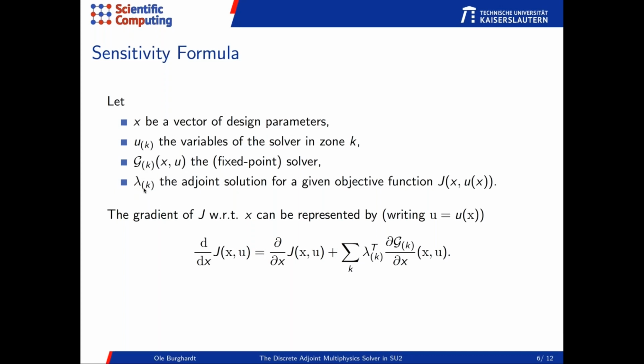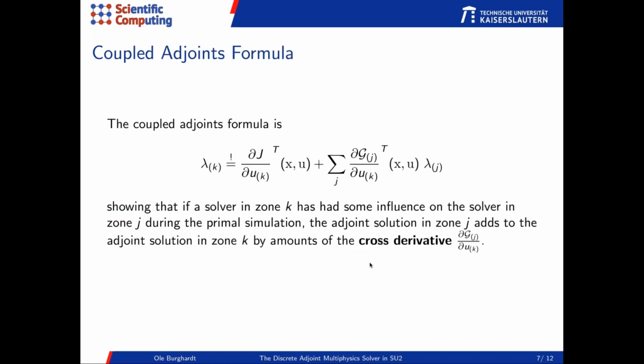Then the gradient of J with respect to x can be represented by this formula here. We see that using the adjoint, there are no terms d/dx of u, so no derivatives of the converged flow solution with respect to the design parameters, which would have been very costly and which one would have expected from naively applying the chain rule to J(x, u(x)). So that's a very handy thing.